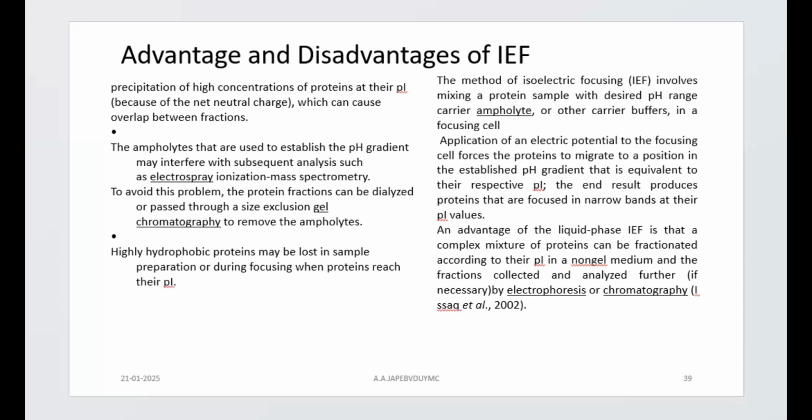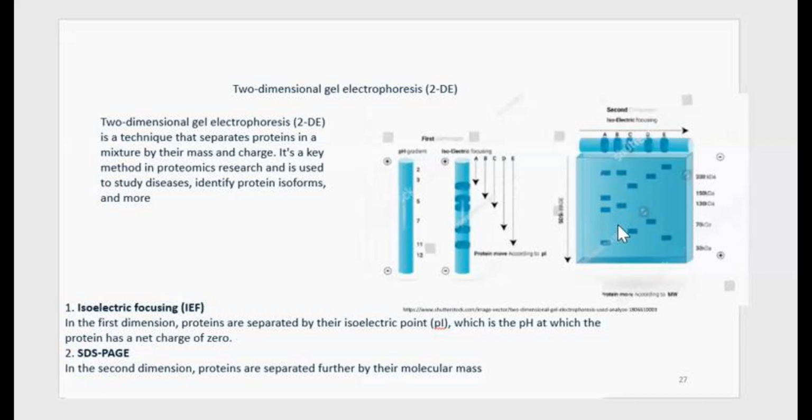So it is a very efficient method for separation of proteins which cannot be easily separated or fractionated in single dimension electrophoresis. So you have to explore another property, that is the charge, by isoelectric focusing based on pI value, and then in the second dimension you can take it for SDS-PAGE, right? That is how you can talk about two-dimensional gel electrophoresis.